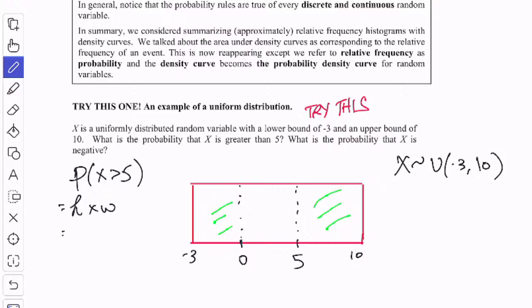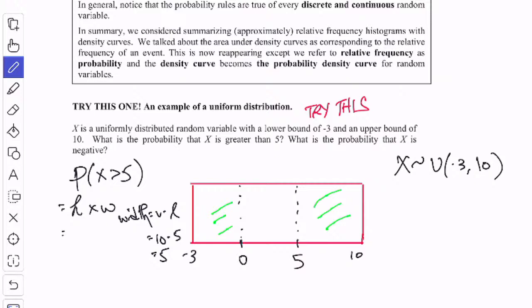We know the width. The width of this is the upper one minus the lower one, right? Continuous distribution. I'm doing the calculations because you'll see you need that to be clear.